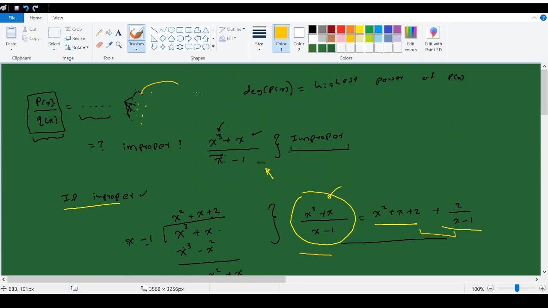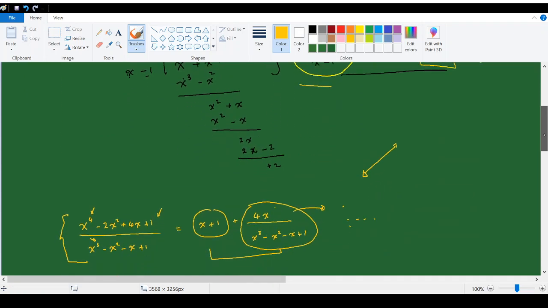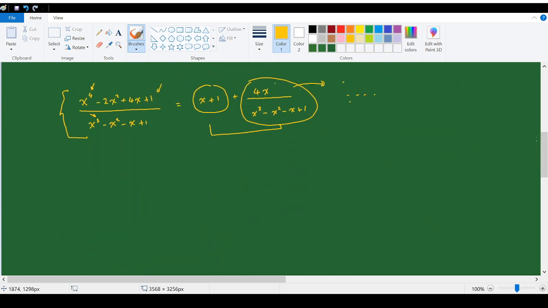So bear with me for a moment and you will get a better understanding when you learn all these 4 methods. For the time being, just keep in mind that before going for these 4 methods, first we should do the long division if it is an improper fraction, right? Okay, and from the next video onwards we will discuss those 4 methods.